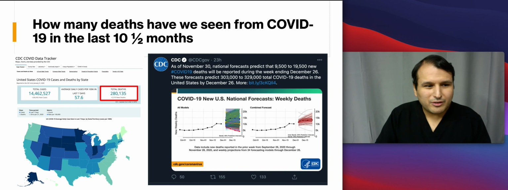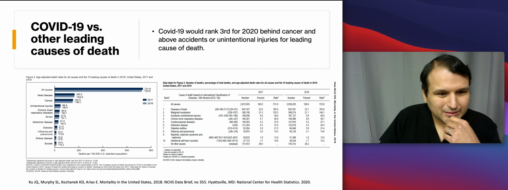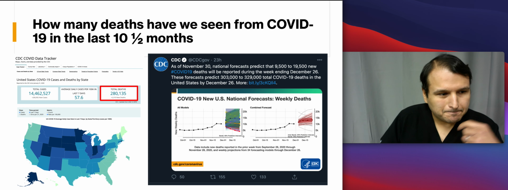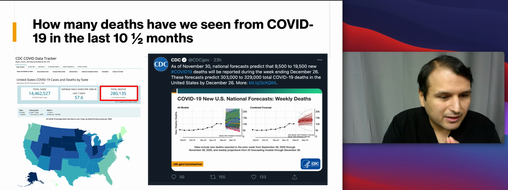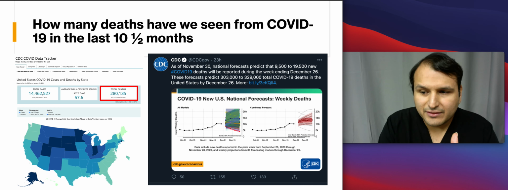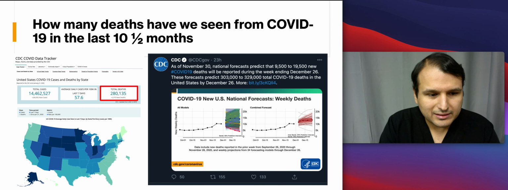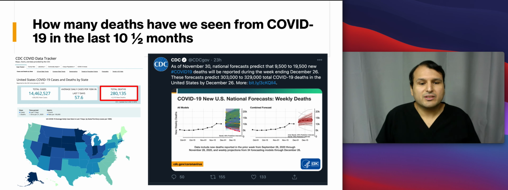So how have we fared since then? Based on data from December 6, 2020, we've had 135,000 deaths in the last, I guess, 10 and a half months, if we take into consideration that official date that we started to see our first patient.